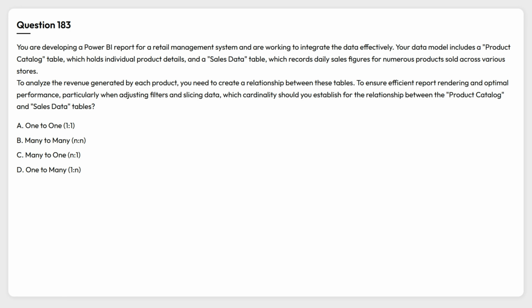To analyze the revenue generated by each product, you need to create a relationship between these tables. To ensure efficient report rendering and optimal performance, particularly when adjusting filters and slicing data, which cardinality should you establish for the relationship between the product catalog and sales data tables?